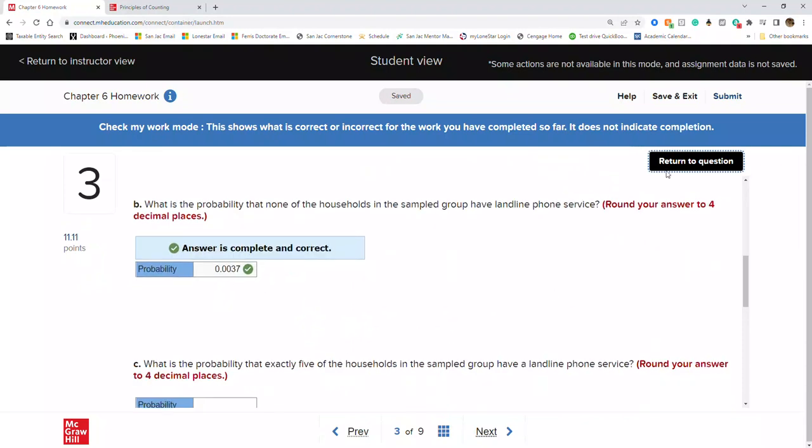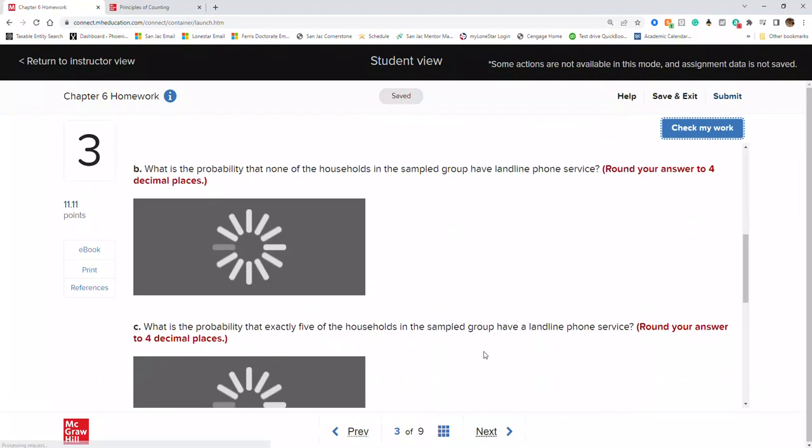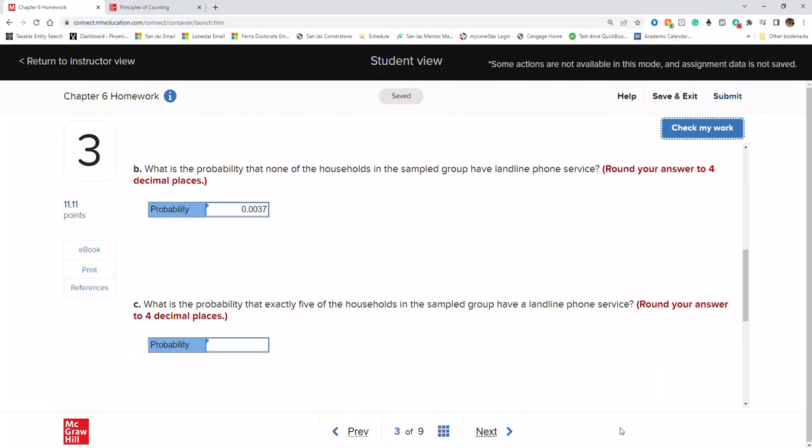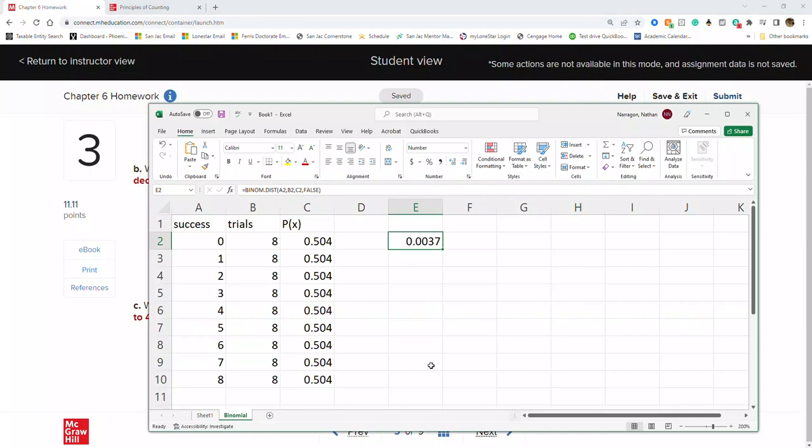And there you go. If they decide to ask for any others, I can click on my box to drag down the formula and fill it out for the remaining trials.